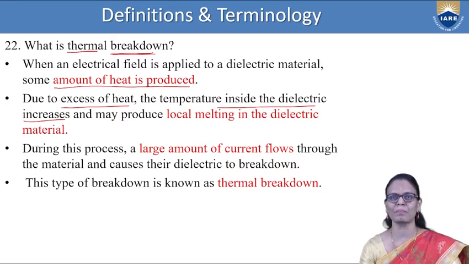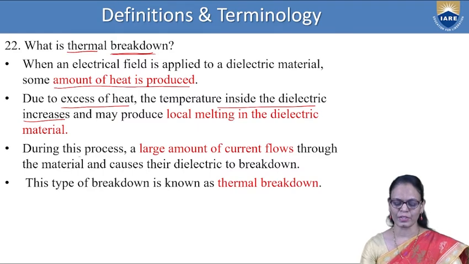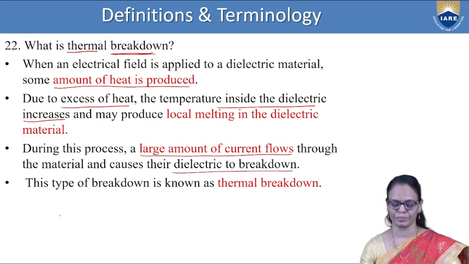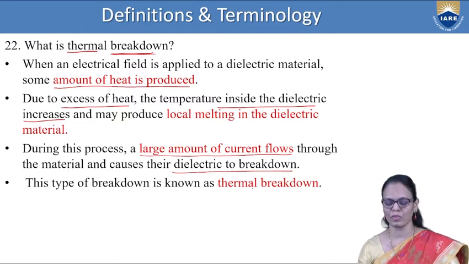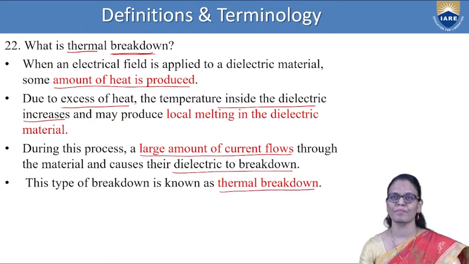So the material will melt inside, and during this process, a large amount of current flows through the material and causes the dielectric breakdown. We call this type of breakdown thermal breakdown because it is due to the heat. The material is melting inside, and because of this melting, there is a large flow of current due to the breakdown.